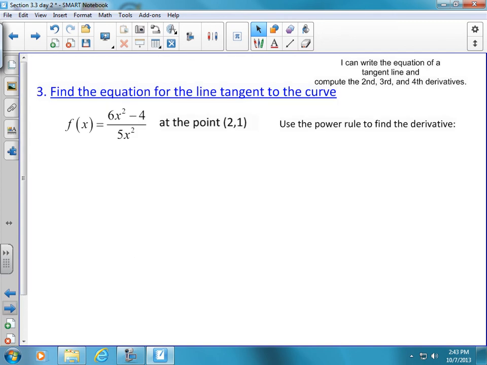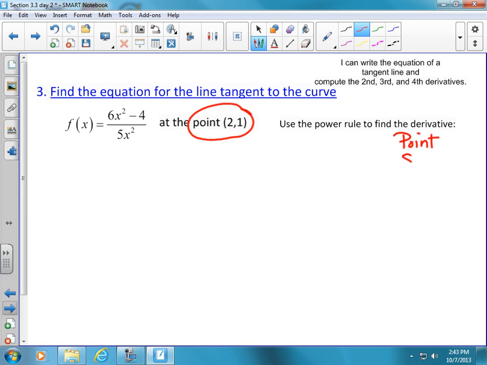Now, last, we're going to find the equation for the line tangent to the curve. Remember, again, when we find a line tangent, we need a point and we need a slope. Okay, so we're going to do this a little bit different way. I could use the quotient rule for this, but we are actually going to use the power rule to find this derivative.